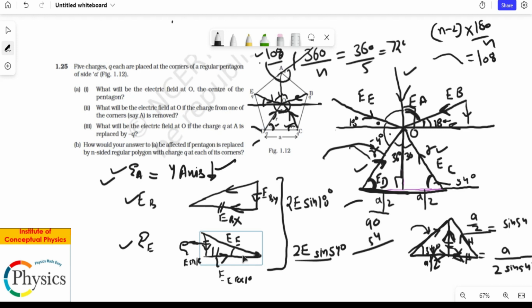And we know the distances. For example, we have calculated this perpendicular distance. We can find out this distance, we have the hypotenuse, we have found out. We know this perpendicular distance also from the same logic, that this is going to be A by 2, and if this base is known to us, then perpendicular divided by the base is equal to tan of 54 degrees.